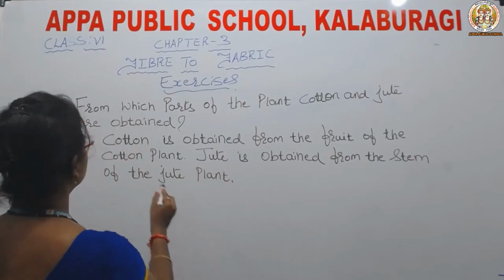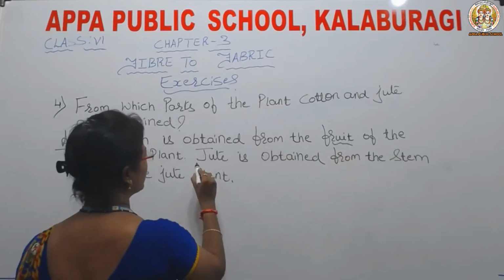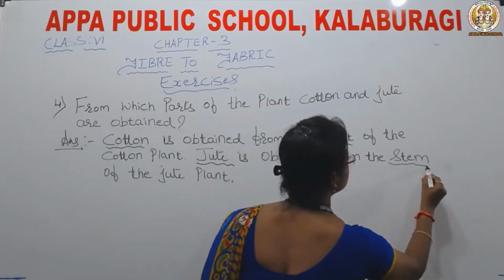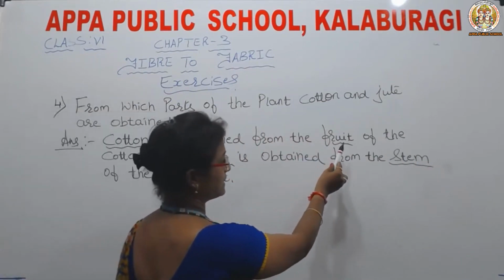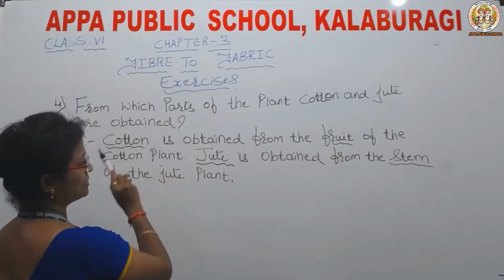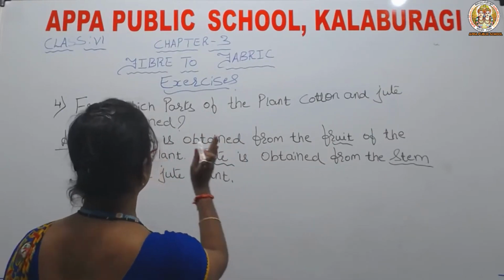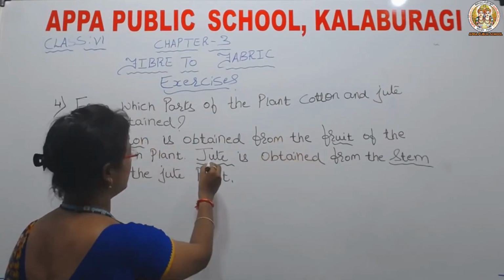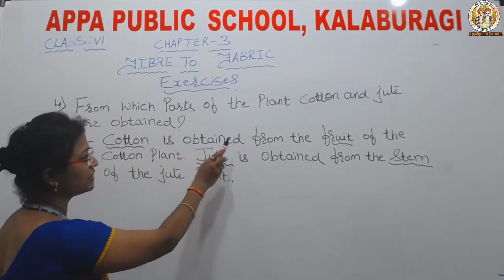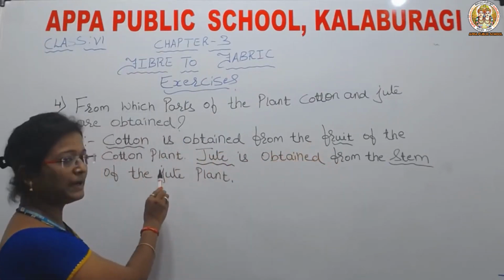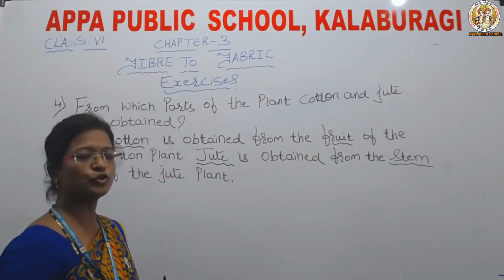So see here, cotton, fruit. Okay. So here, jute, stem. As we learned in the previous fill in the blanks, I told you to write either fruit or cotton, or jute or stem. Both are one and the same. Either you can write cotton or fruit and either jute or stem. And the answer for this: cotton is obtained from the fruit of the cotton plant and jute is obtained from the stem of the jute plant.